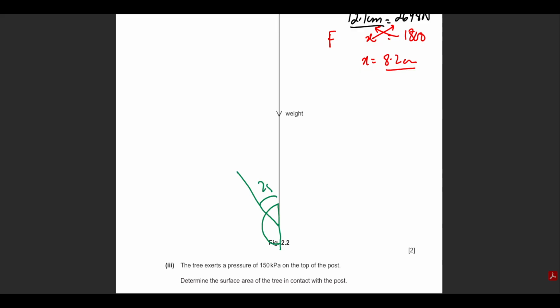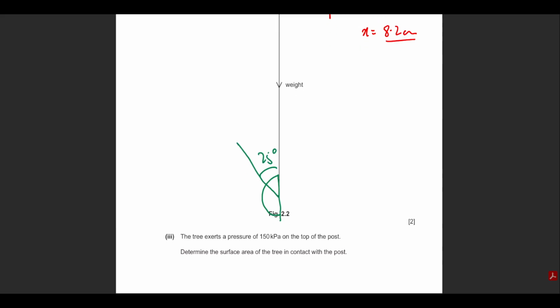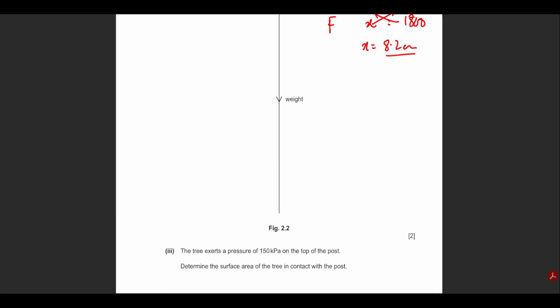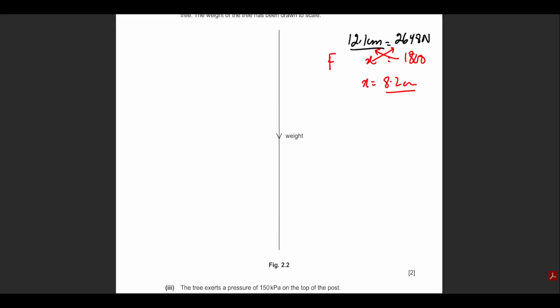I'm exaggerating this. Of course, this is not 25. Measure the angle 25 and it should be up to a length of 8.2 centimeters. So by basic geometry, you will find that this is going to come out approximately somewhere along this side. Now draw this line. This will be 25. This should be 25. This should be 8.2 centimeters.